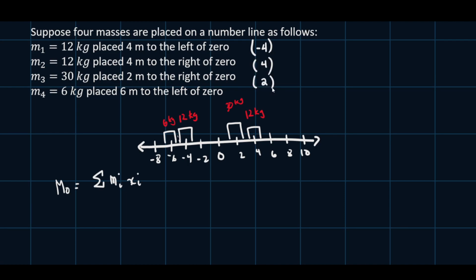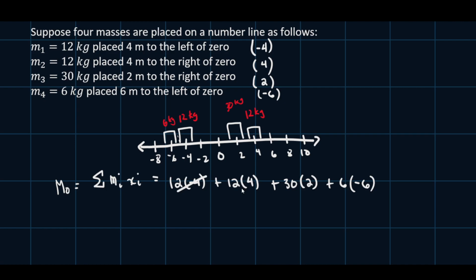This one is 2. And the last one is -6. Okay? So if we solve this summation, we will be getting 12 times -4 plus 12 times 4 plus 30 times 2 plus 6 times -6.